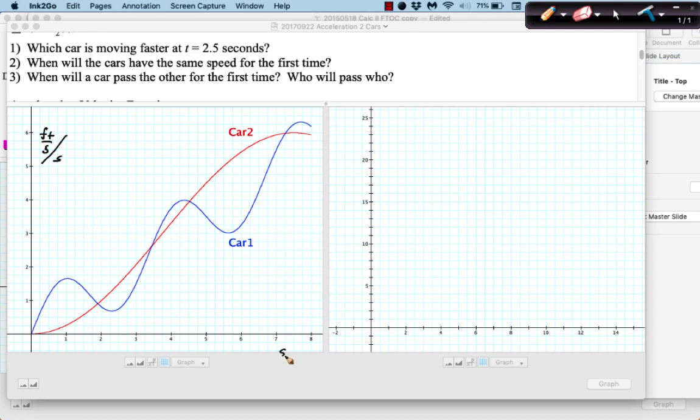And this is seconds. So I have a few questions for you. Which car is moving faster at 2.5 seconds? When will the cars have the same speed for the first time, and when will a car pass the other for the first time? Who will pass who? So let's talk about which car is moving faster at 2.5 seconds while I start the roll.